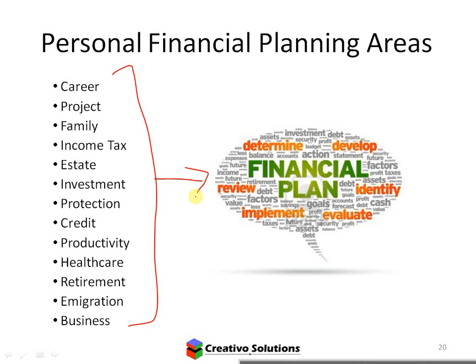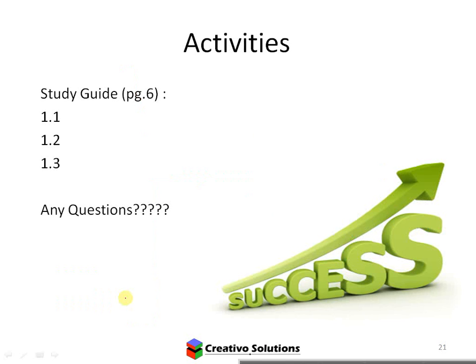Or maybe someone else might be focusing more on retirement. Someone who's focusing more on retirement would be acting differently to someone focusing more on healthcare. It all depends on the type of person. Or someone who's looking to immigrate would have different decisions versus someone who's looking to stay. And that covers the first chapter.